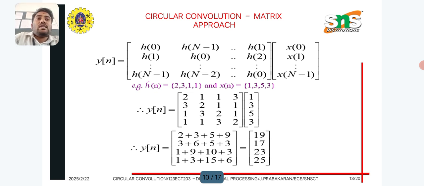The first sequence is repeated via circular shift of samples and represented as an N cross N matrix. The sequence x2 of n is represented as a column matrix. The multiplication of these two matrices gives the sequence x3 of n. This is the matrix multiplication, and it is simple.